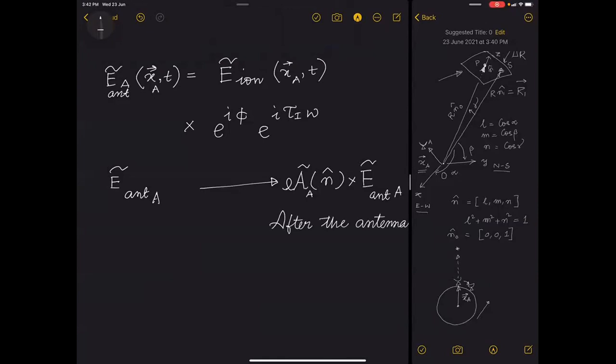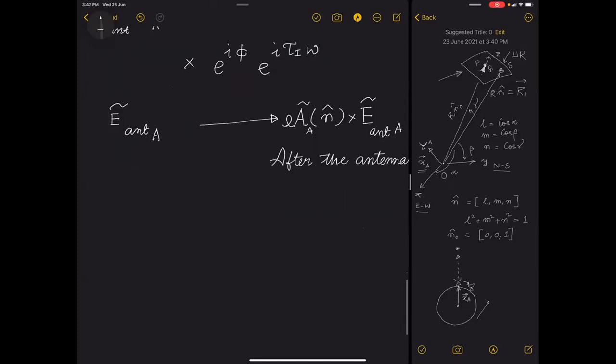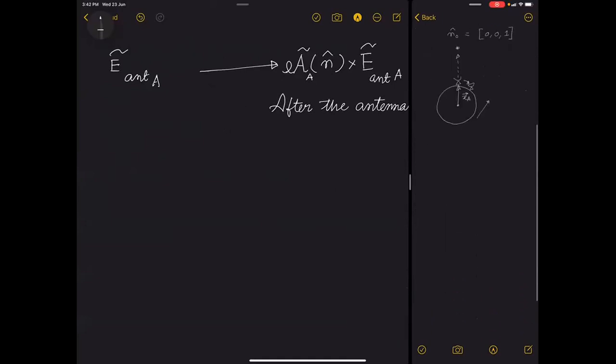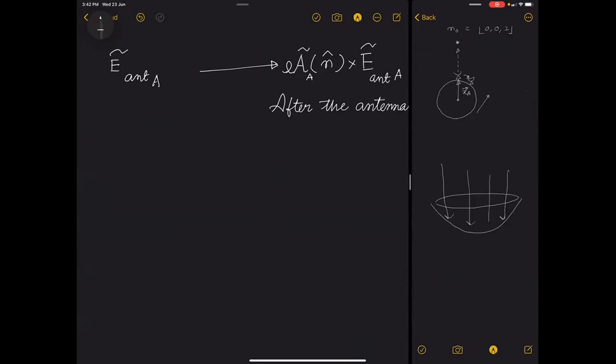So when I say antenna, I mean the dish which is measuring the signal. And now, if you actually look at a dish, the dish is this collecting area. What it does is it takes all this radiation which is falling at different parts and sends it back to the focus because it's a parabolic dish.